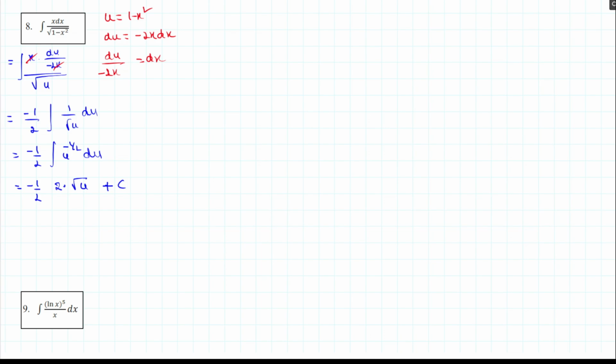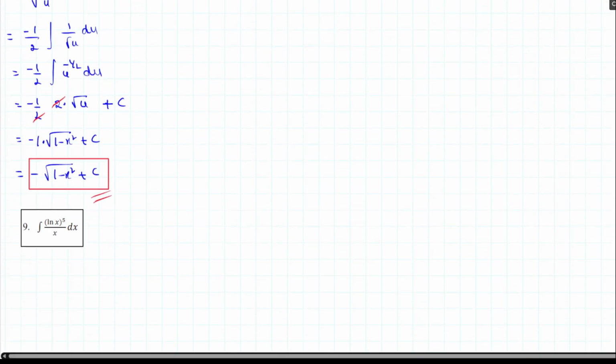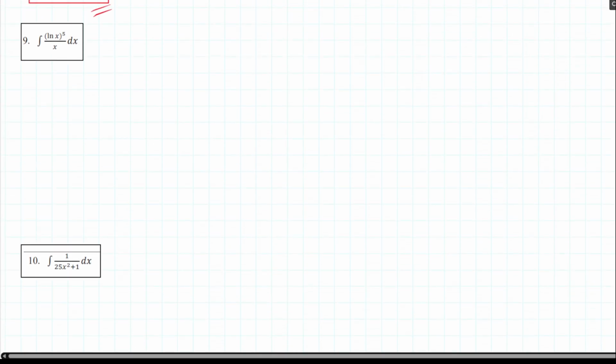Now this negative 2 and 2 get cancelled, so that is negative 1 times the square root, and u equals 1 minus x squared, plus c. So that is negative the square root of 1 minus x squared plus c. So this is the integration of the given integral. Now let's move to the next one.